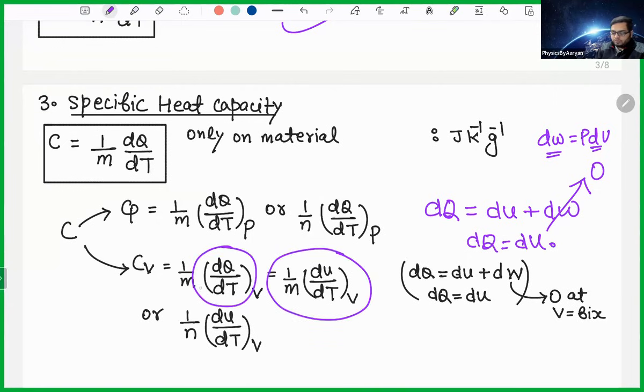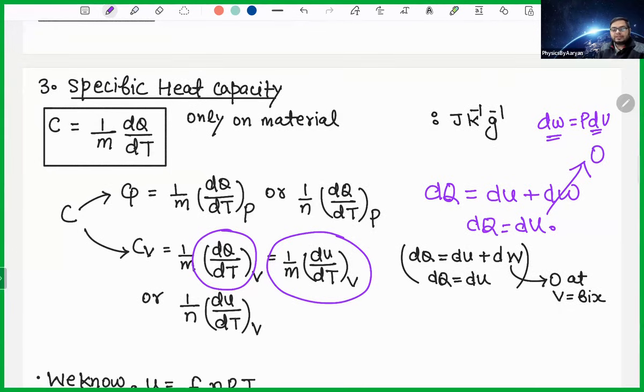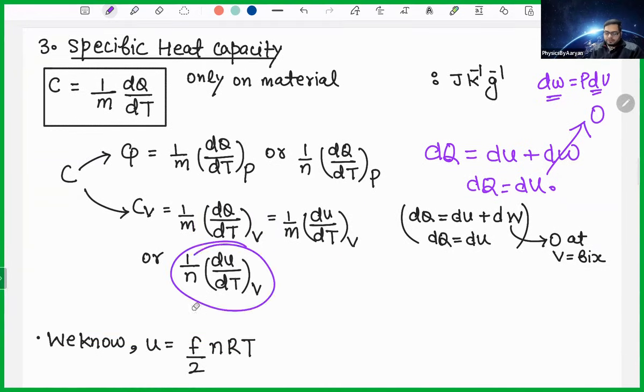Can I replace my dq with du if the volume is constant? Yes. Till this point, clear? So we are not exclusively using the first law, just a side note. So Cv is given by 1 by m du by dt. No doubt till this point, right? Similarly, we can also define molar specific heat at constant volume. You can define all of them.